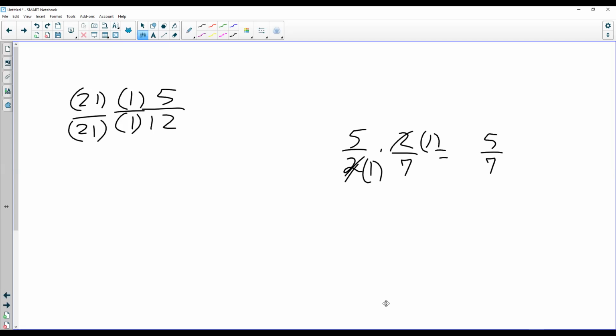Because what if you have 5 halves times 2? One thing they need to understand: if you multiply by an integer, you can think of it as 2 over 1. When you cancel, it doesn't replace that with 0. It's 1. Yeah, I have students struggle with that sometimes. So, okay.